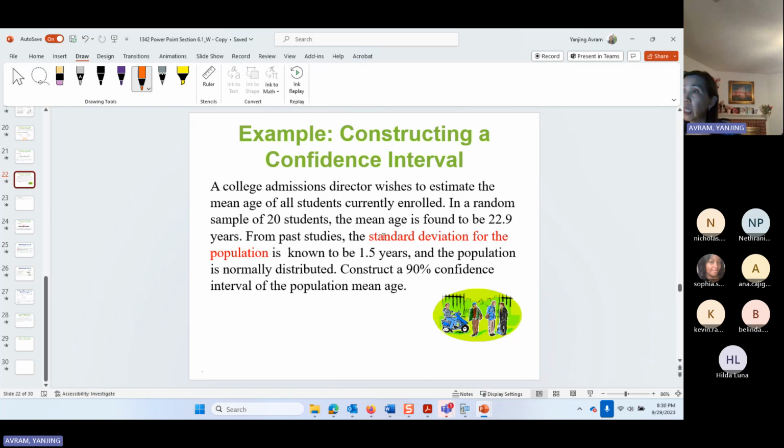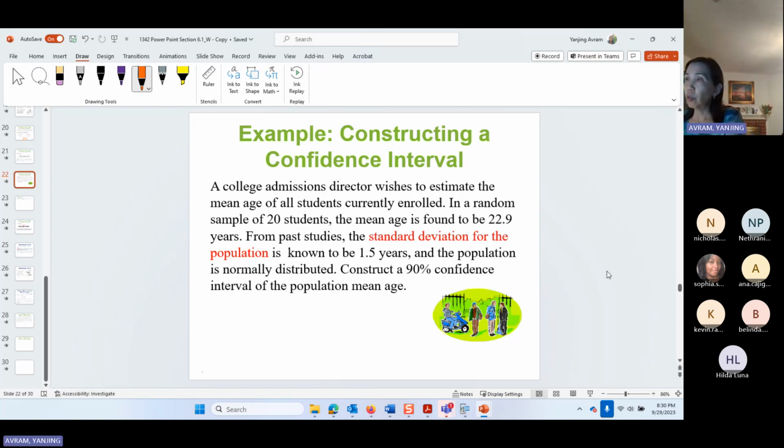From a past study, the standard deviation for the population is 1.5. The population is normally distributed. You want to construct a 90% confidence interval for the population mean age.